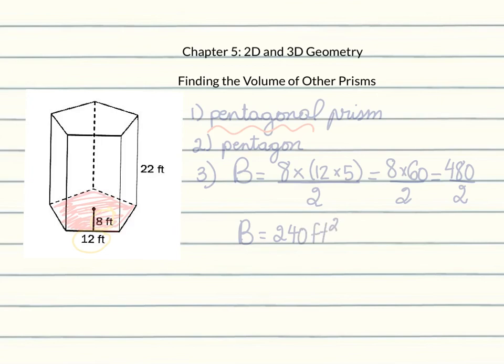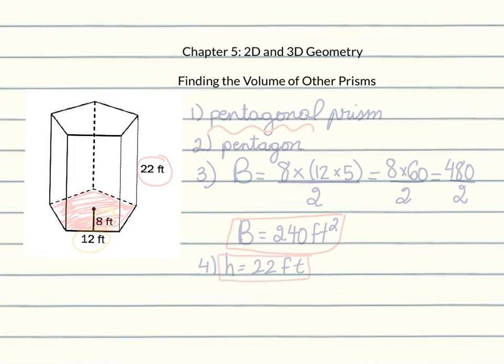We highlight this value. Then we move to step number 4, identifying the height of the whole figure, which is 22 feet. Then h is equal to 22 feet. This value should be highlighted as well.